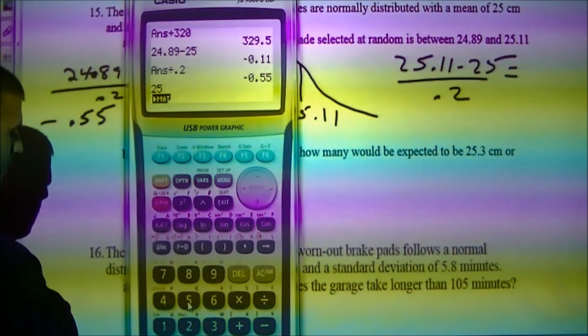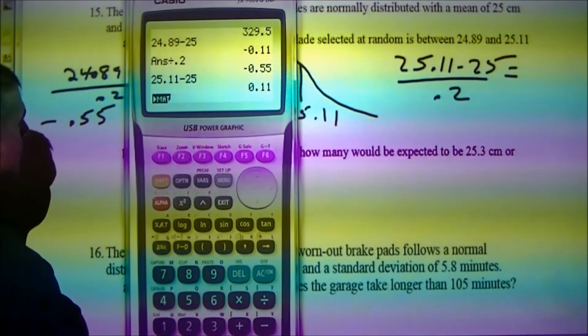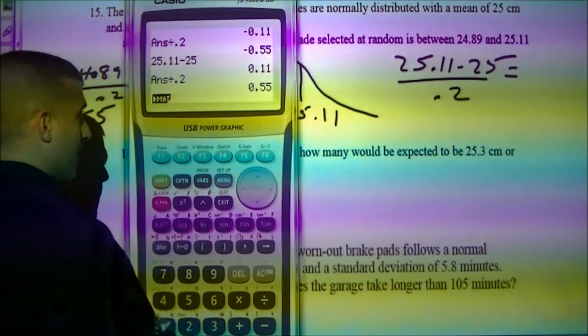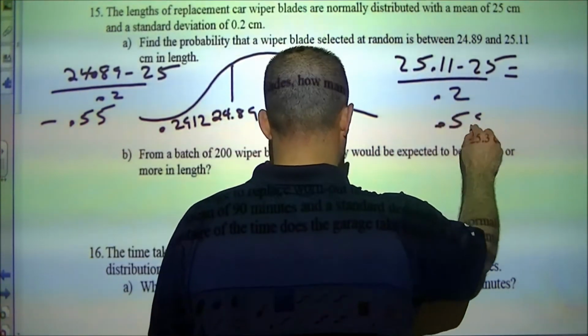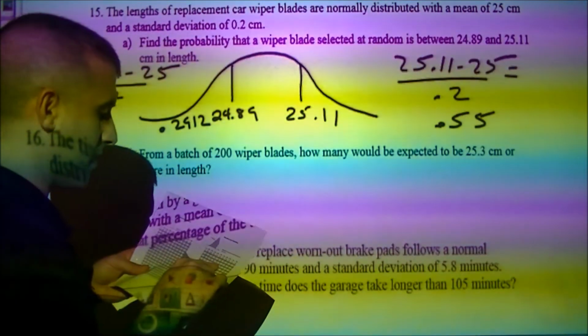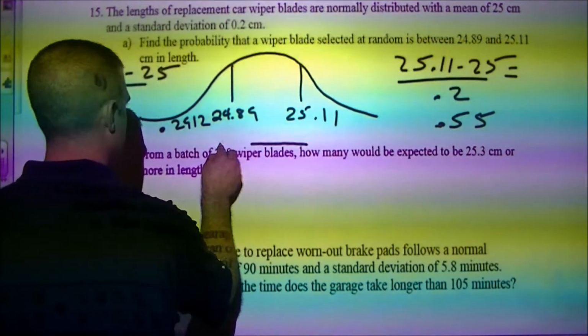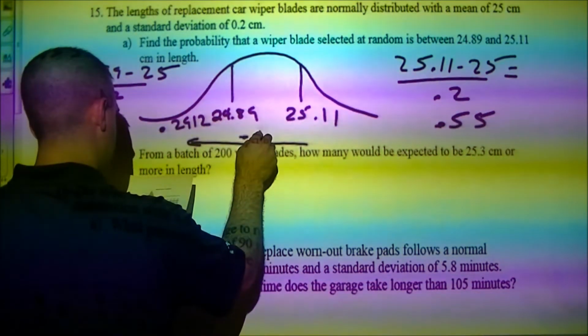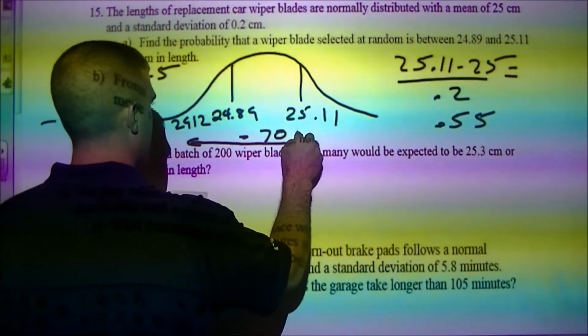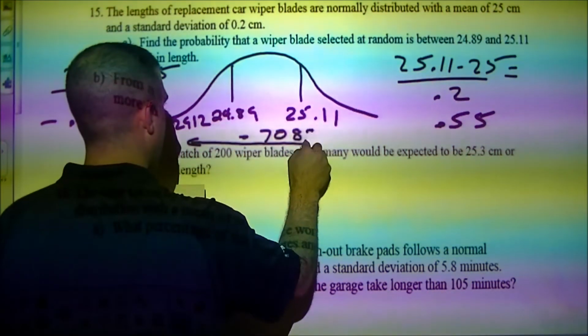All right, 25.11 minus 25 divided by 0.2. That's going to be 0.55 on the positive side, and 0.55 will tell me that all the way over is 0.7088.